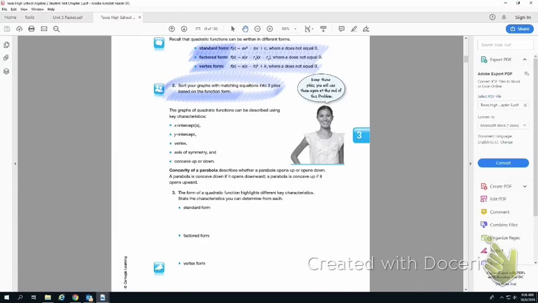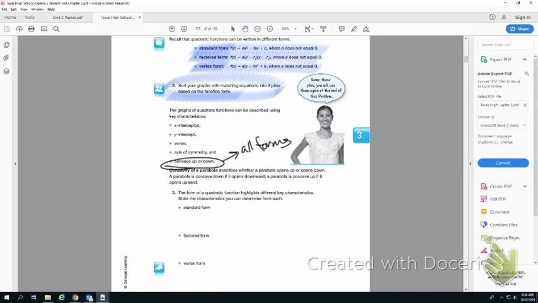On number 2, you're going to do this here in just a second. Going down to this bullet list, these are the different pieces of information you can get from the different forms. The one thing that you can get from all three forms is the concavity.